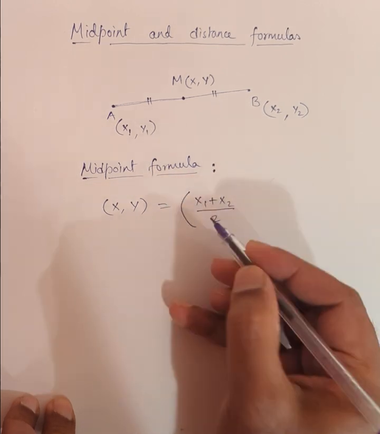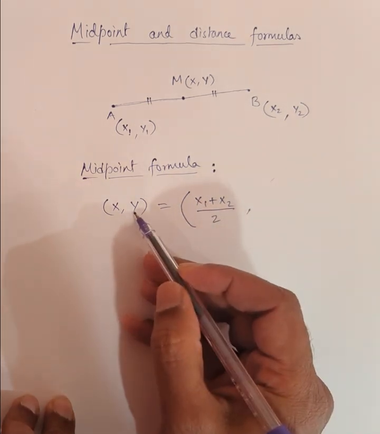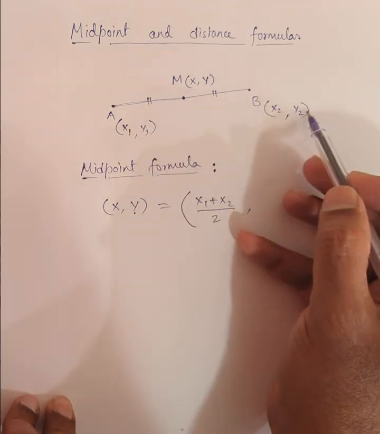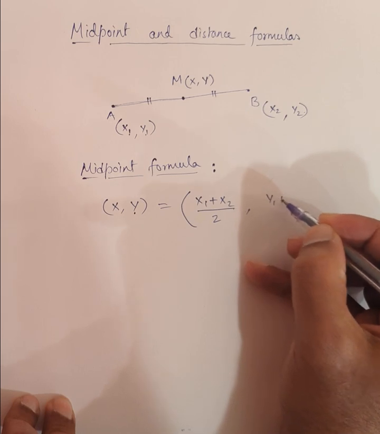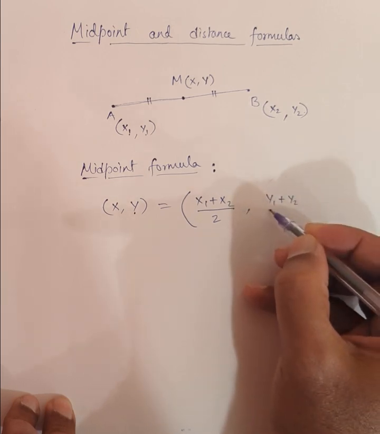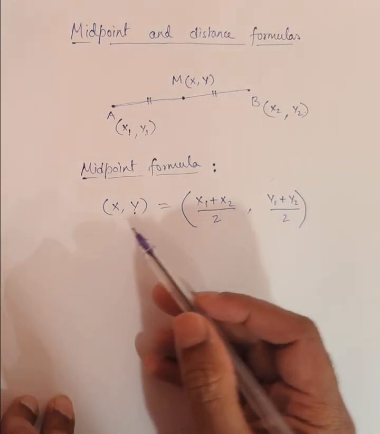The average of x1 and x2 is x1 plus x2 divided by 2. To get the y coordinate, we have to take the average of the y values, which is y1 plus y2 divided by 2.